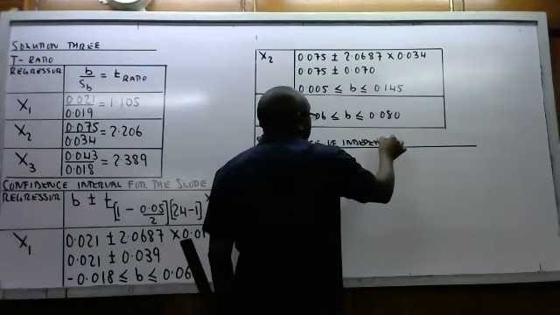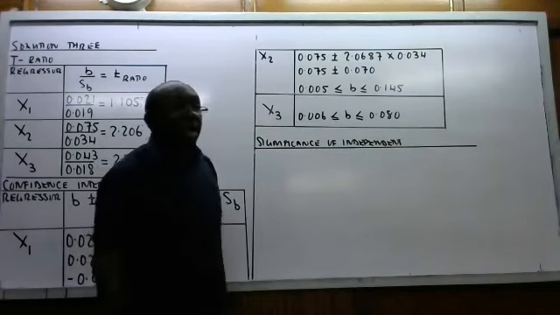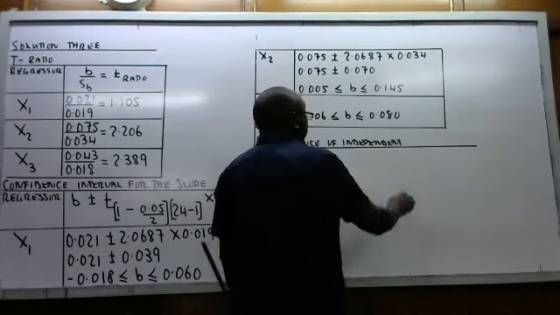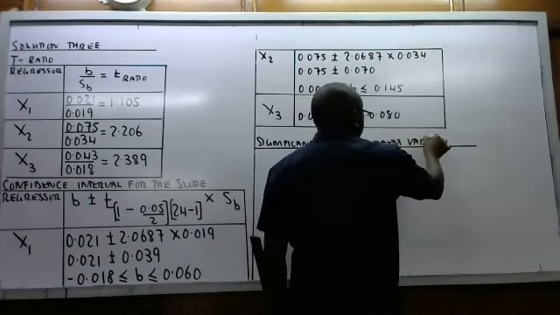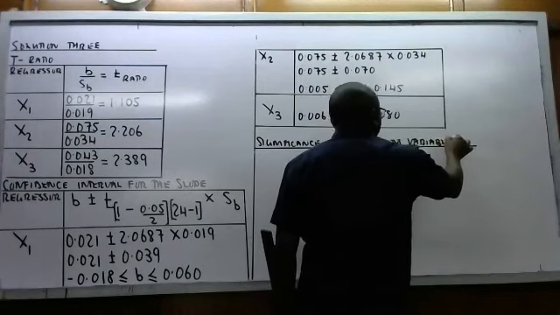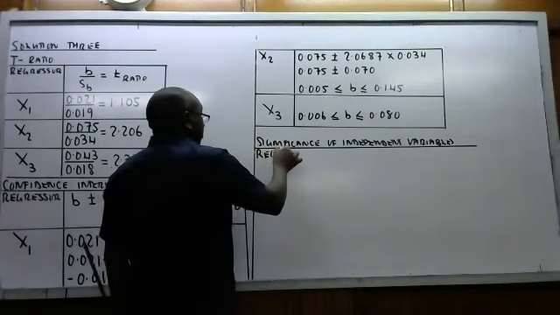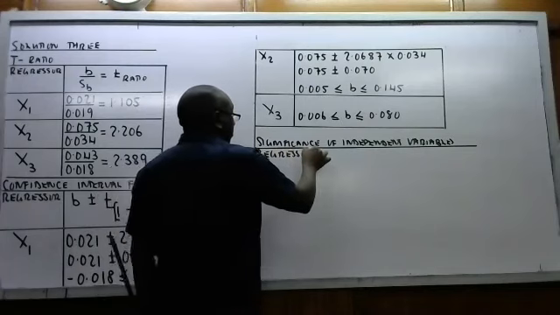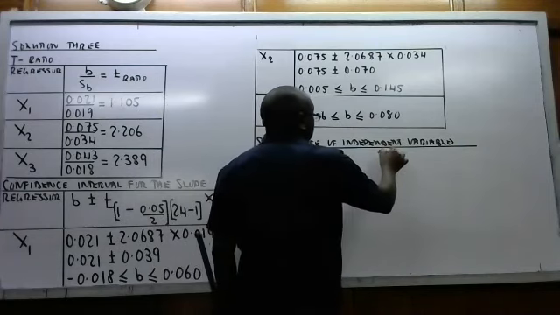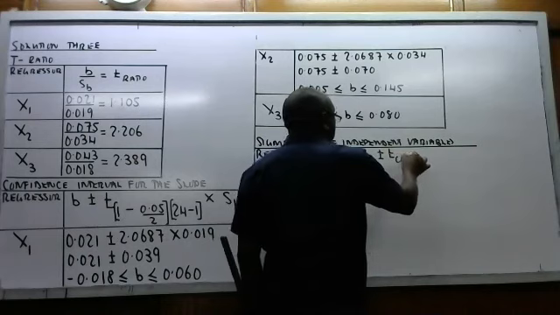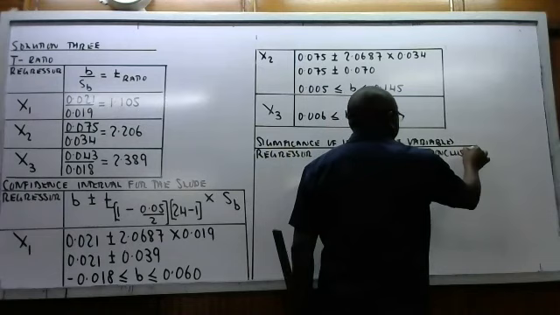Actually, it's not even avoidable because it is required for us to say whether we are dropping or not dropping independent variables. So for each regressor, we require T calculated, plus or minus T critical, and then the conclusion or the comments.